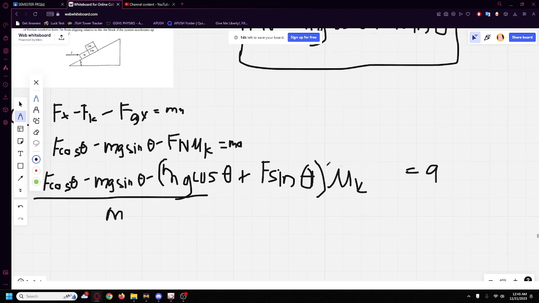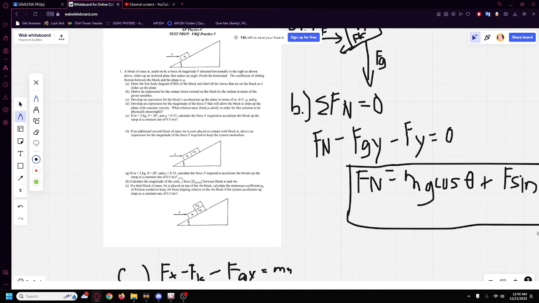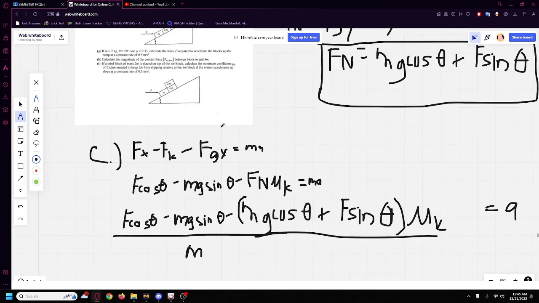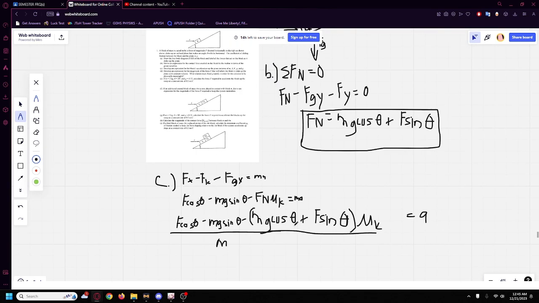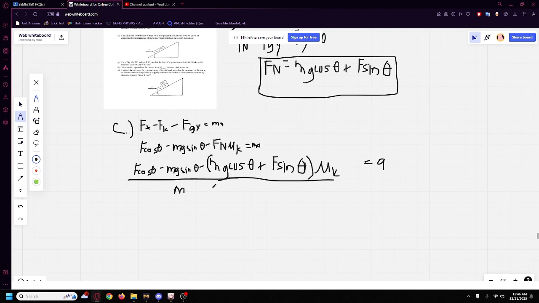Here we substitute F_N to simplify it, and F_N is like this because the force pushes up, which makes it different. And that is the acceleration.